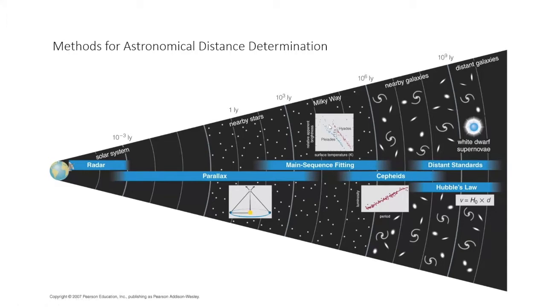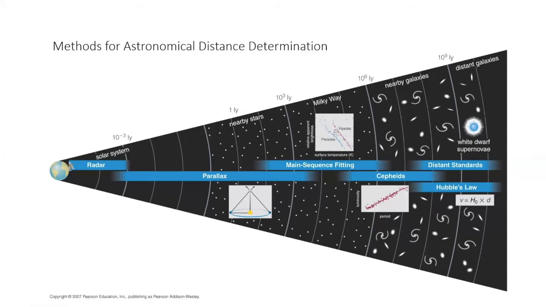And for stars within the Milky Way, we could use main sequence fitting, which uses stars at a particular stage of their evolution. The main sequence is where they spend most of their time being stars, and they usually have a very nice feature that people can use and then calibrate.